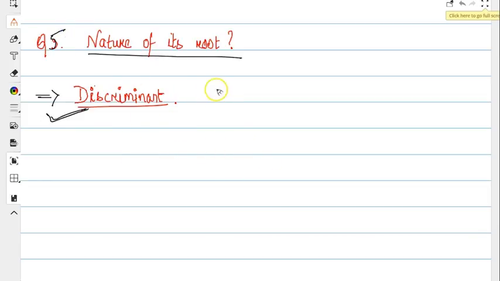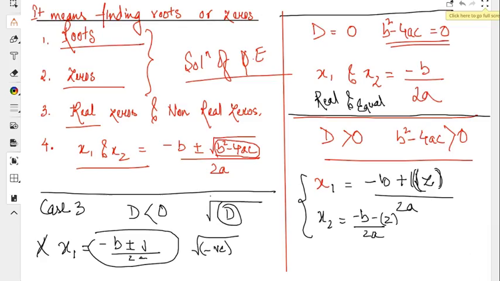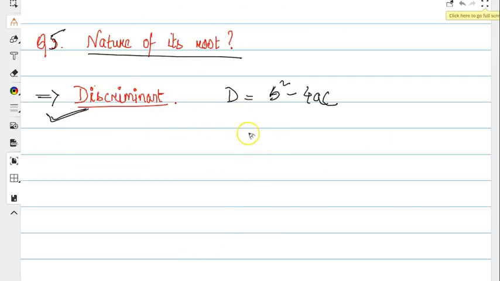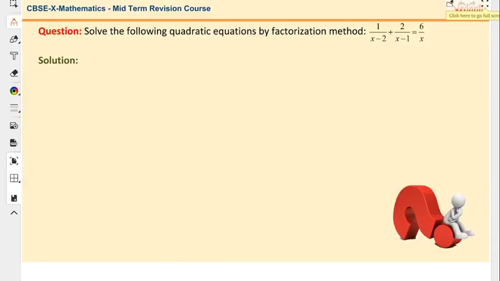So this is the fifth thing. You can directly write d is equal to b square minus 4ac. You just find out the value of this, put it here, and you can tell how your roots will be. So you can comment on this.